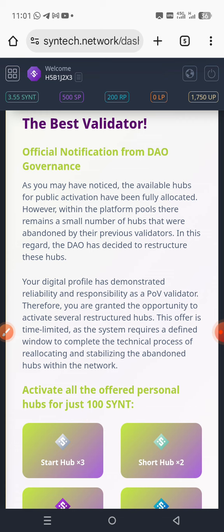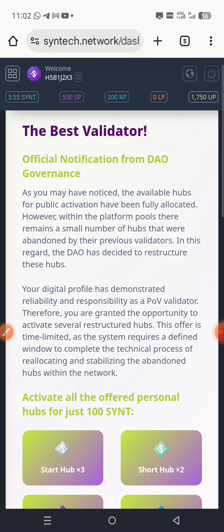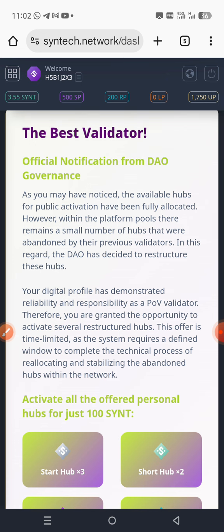This offer is time limited, and it means that those who are taking the validation or the POV seriously will get the chance to get the rejected hubs.